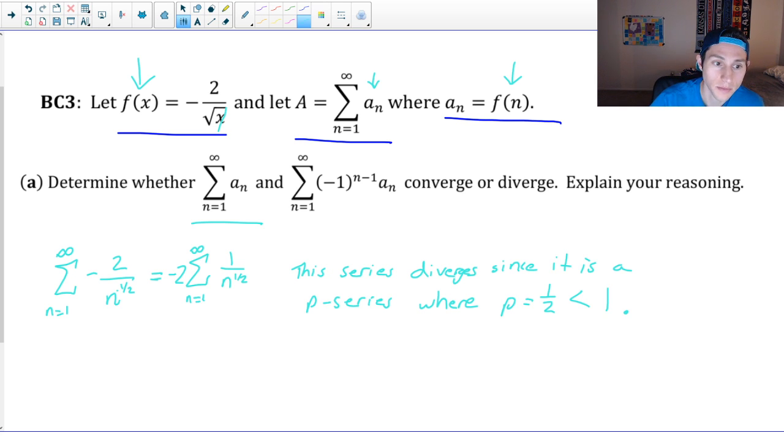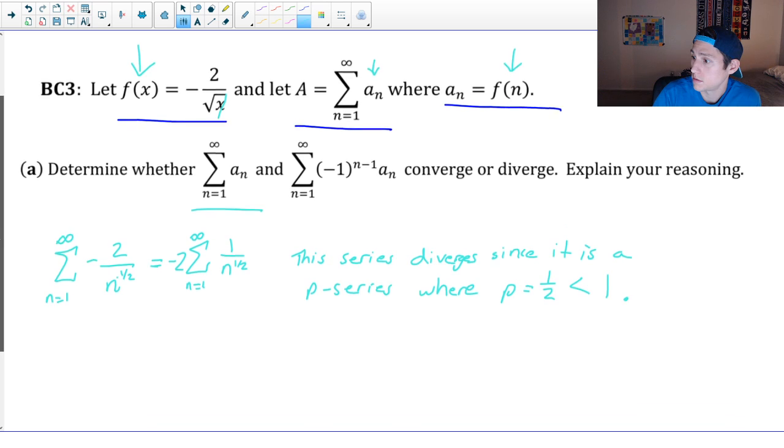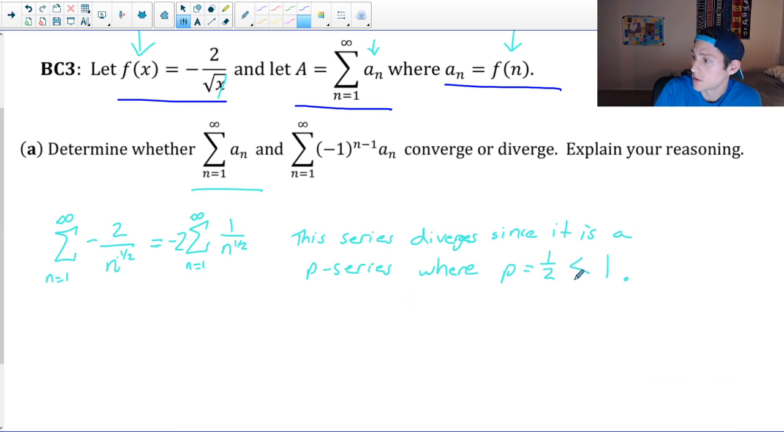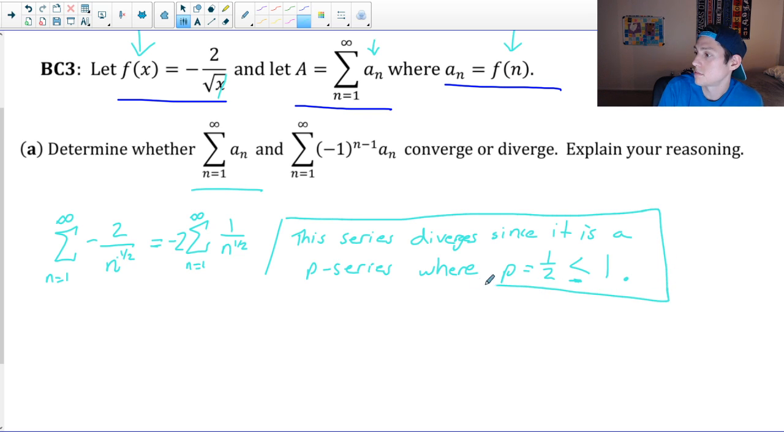Actually, technically, any p value that's less than or equal to 1 is going to diverge. So there's the first part of my answer.